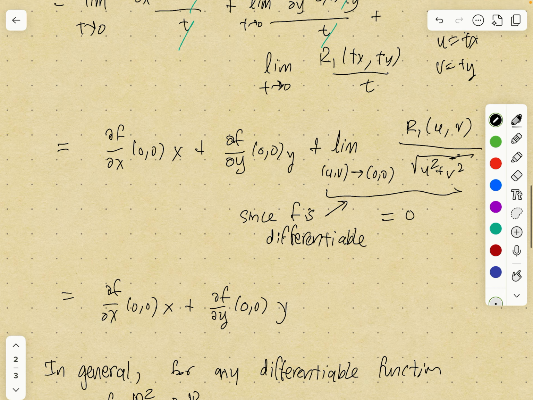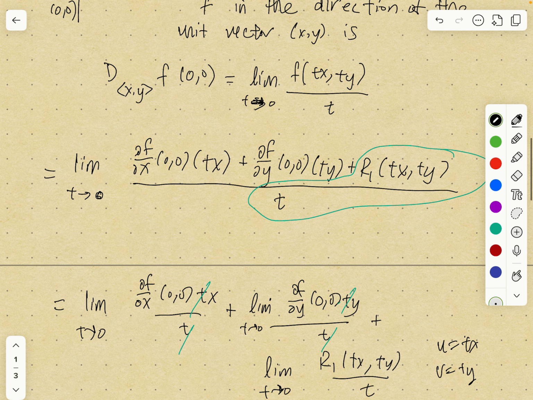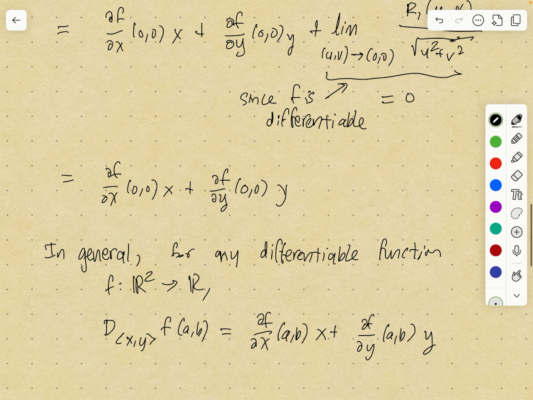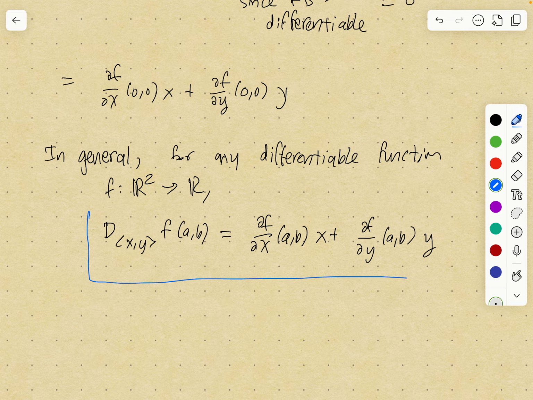The only difference is that the (0, 0) is going to turn into (a, b), and other than that, there's no real difference in the argument. It's just bookkeeping of the notation. So let's put this in a box.